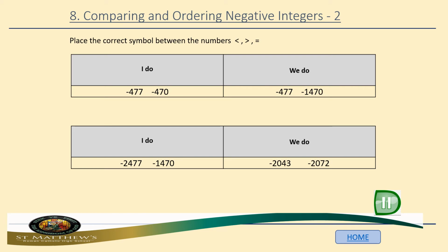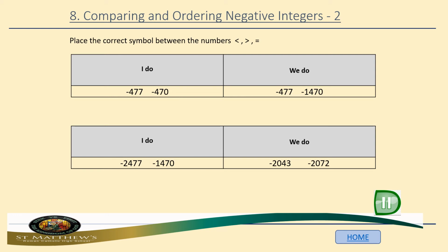Or which number is to the right of the other on the number line. Minus 470 is to the right of minus 477 on the number line, so minus 470 is greater. And the third way, which is my favorite, is to compare those numbers without the minus in front of them. 477 and 470.